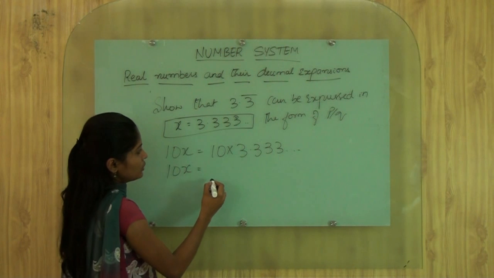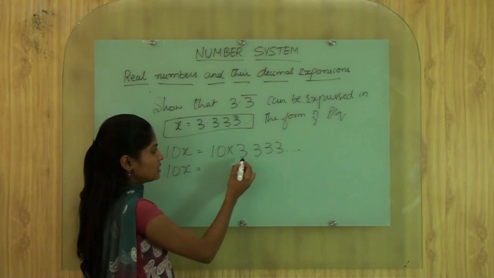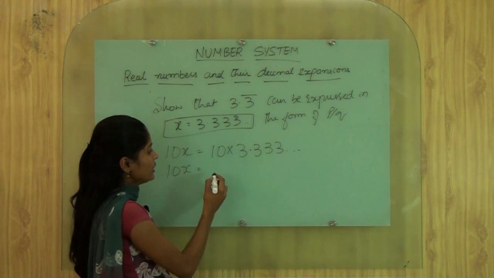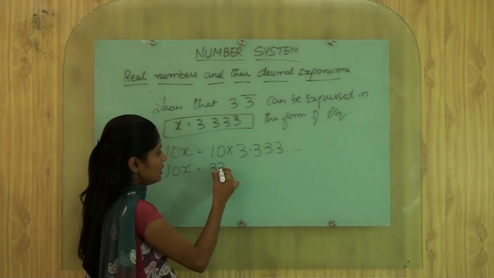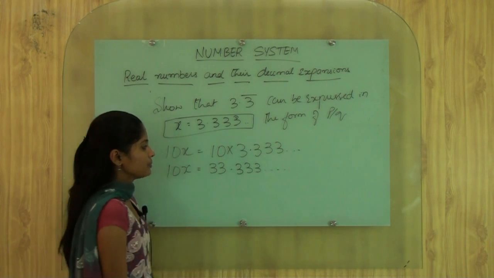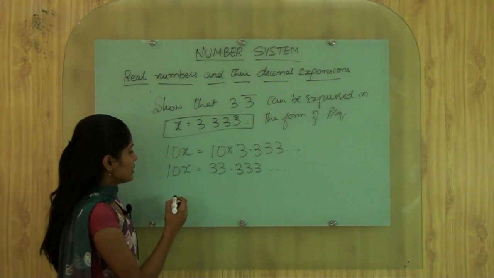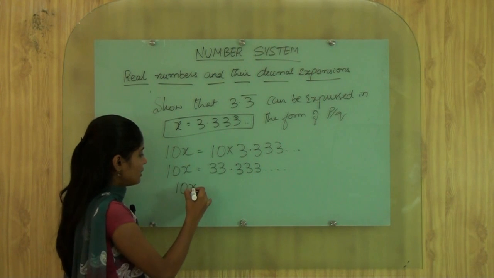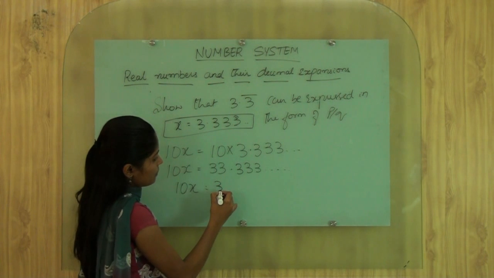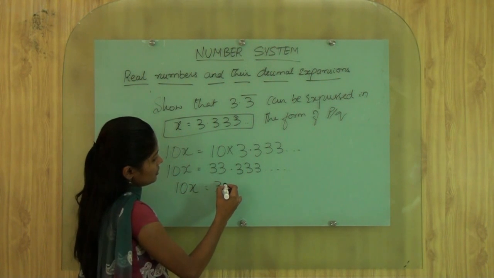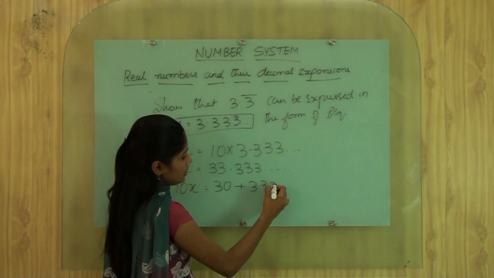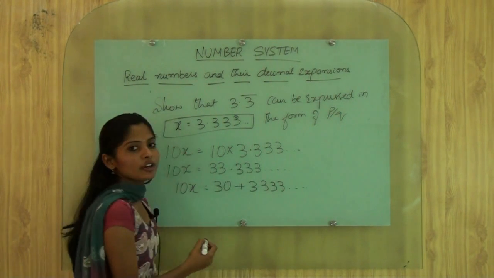10x is equal to, if you multiply it with 10, the decimal point will shift one place towards the right. So it becomes 33.333 and so on. You can represent this as 10x is equal to 30 plus 3.333. Will you agree?